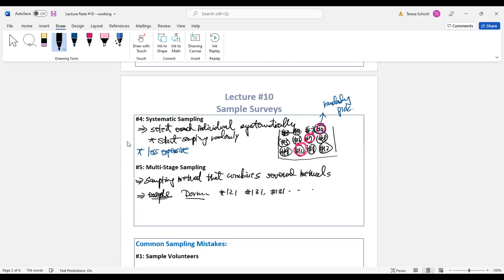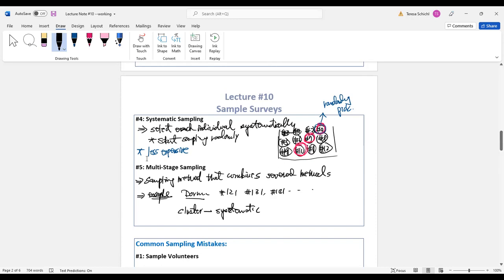This sampling is multi-stage. The first stage you use the cluster, then the second stage you use systematic sampling. That's why you combine different methods. Sometimes you can combine 2 or 3 or 4, depending on what you want to sample.